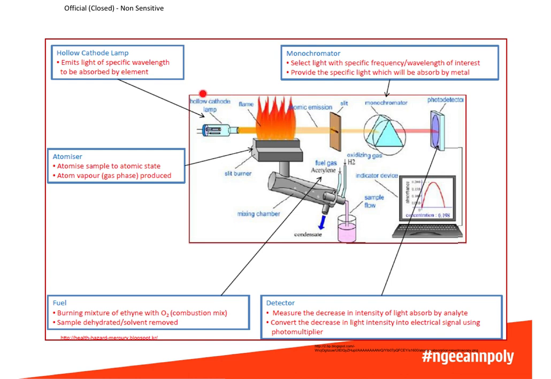The hollow cathode lamp is the light source and it emits light of that specific wavelength to be absorbed by the element. There are specific lamps for each element that you are testing for. So for example, if we are testing for lead, then we will use a lamp that is specific for lead. So the radiation passes into the flame and the atoms will absorb radiation of that specific wavelength.